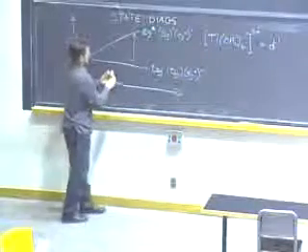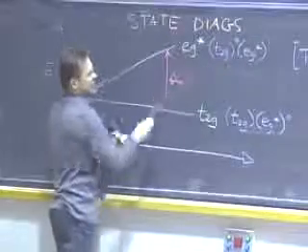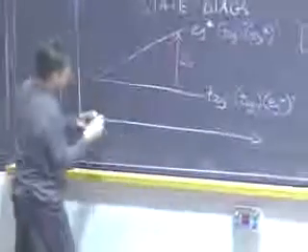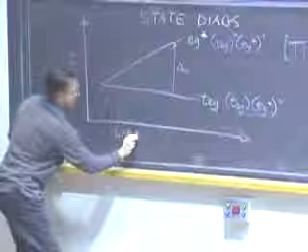And this gap here between t2g and eg star, of course, is our delta O value. And the axis on the bottom here is ligand field strength.